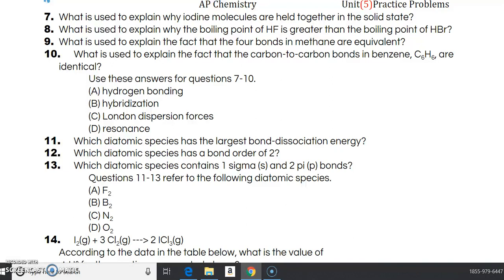All right, number 12, which diatomic species has a bond order of 2? And our answer is going to be D, because oxygen has a double bond and it has 2 bonding sites. So therefore our bond order is going to be 2. So D is our answer. 13, which diatomic species contains 1 sigma and 2 pi bonds?